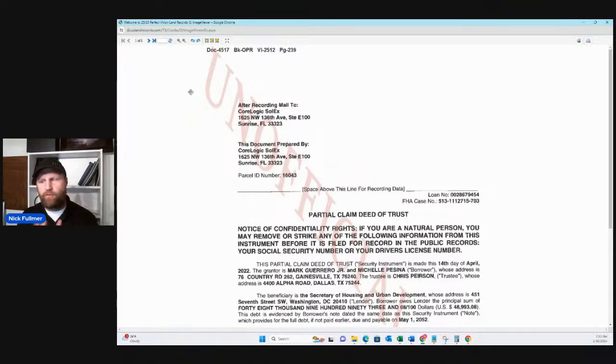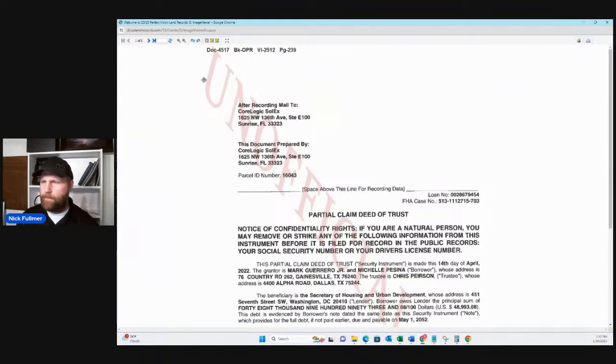A warranty deed transfers ownership of a property to somebody else. So that's the first type of document. The second type of document is debt instruments. Examples of debt instruments are mortgages and deeds of trust. So if you see deed of trust, just think mortgage. It's a debt. They took out a debt against the property.